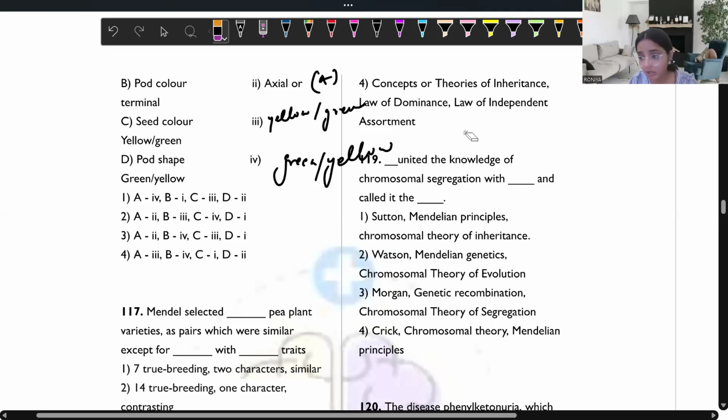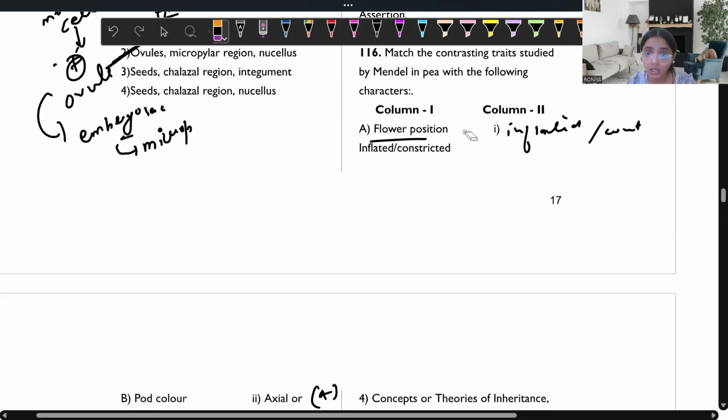What is the seed color studied by Mendel? Seed color studied by Mendel is yellow or green. Now, what is pod color studied by Mendel? Pod color studied by Mendel is green or yellow. What is pod shape studied by Mendel? It is nothing but constricted and inflated.